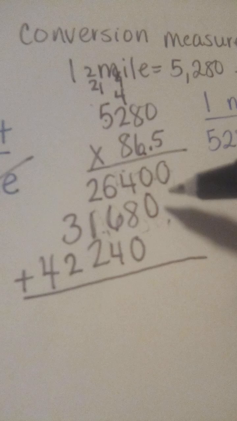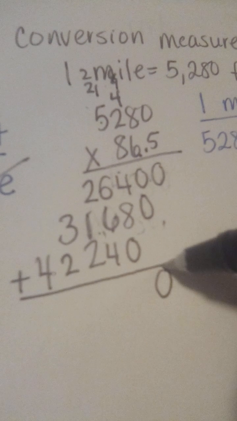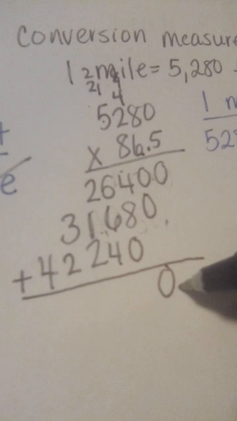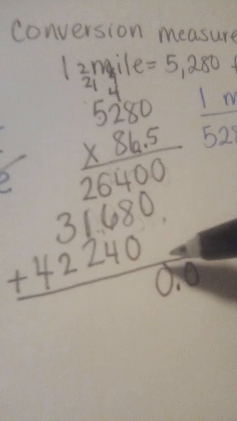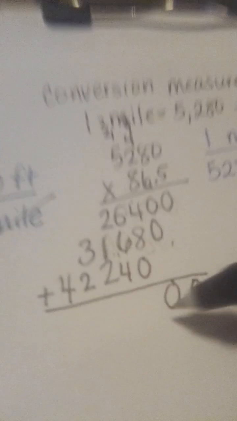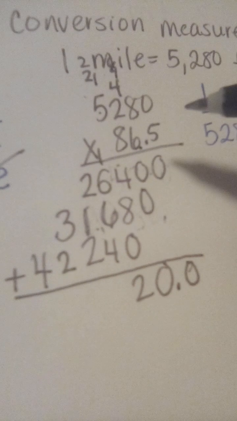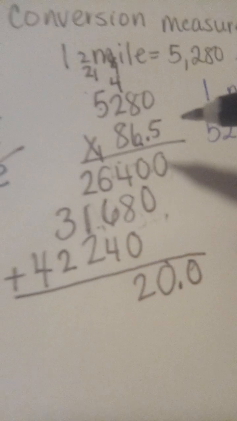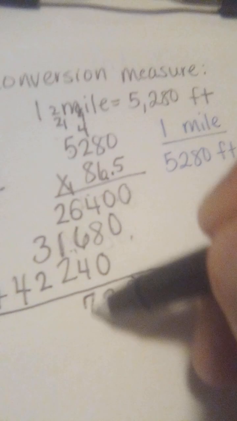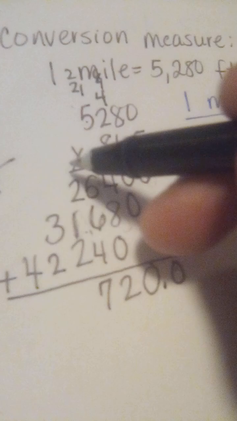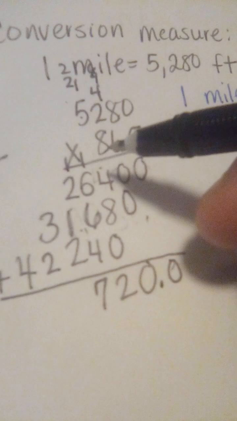So bear in mind, forgive me on this part. So we got 0 here. That will be right here. So we have 4 plus 8 is 12. Carry the 1. 6 plus 6 is 12. Add 1 more is 13. Carry the 1. 2 plus 1 is 3.